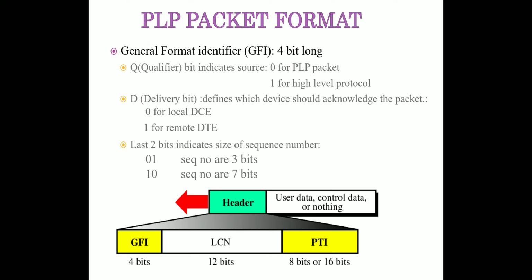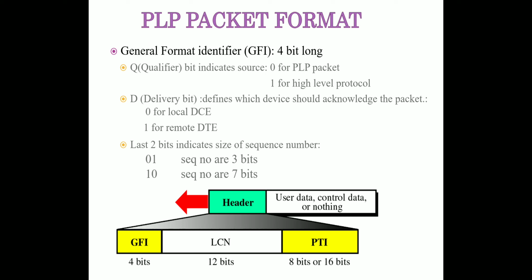The size of the sequence number depends on these 2 bits of the GFI. If it is 01, the sequence number will be 3 bits long. So you can have 2 raised to 3, that is a maximum of 8 sequence numbers, so only 8 packets can go in that message. Then you have 10, which means the sequence numbers are 7 bits long. So you can have 2 raised to 7, that is 128 sequence numbers.